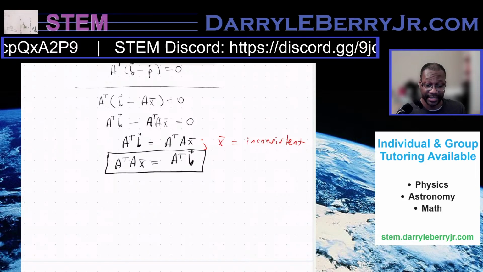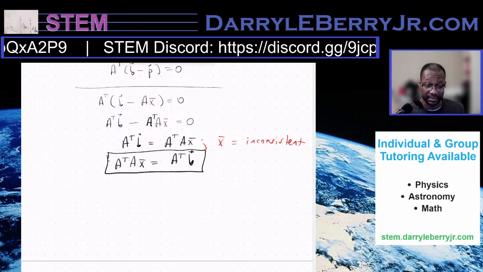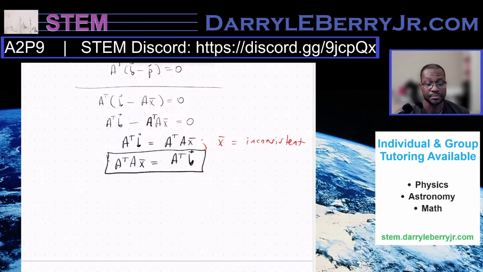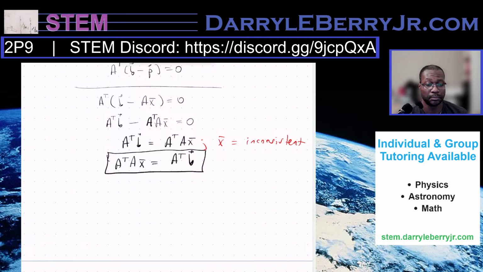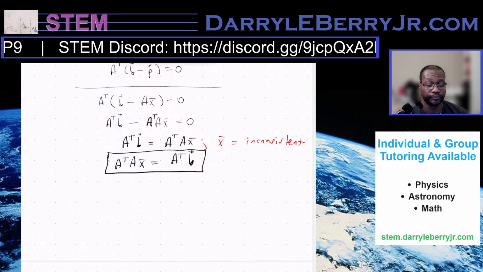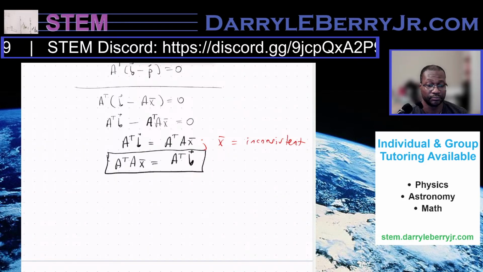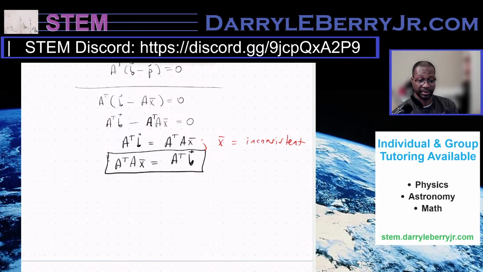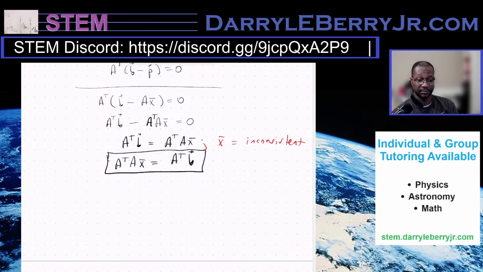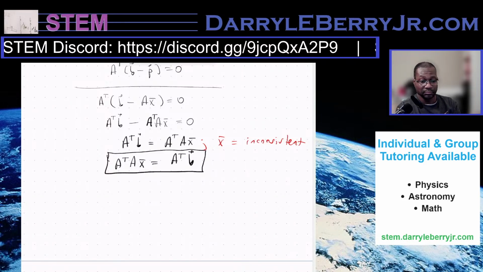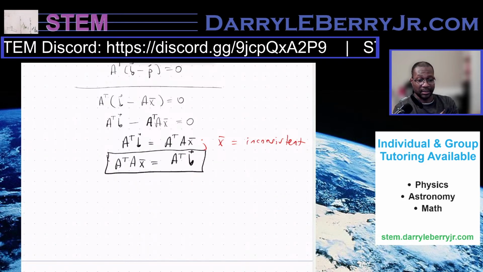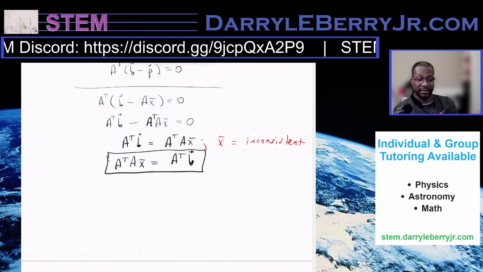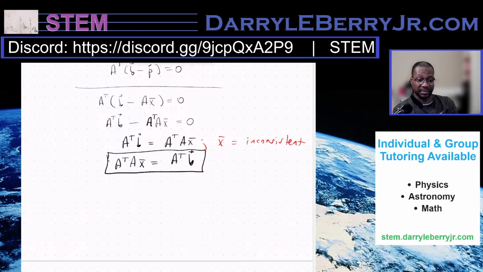We already know this equation has at least a solution because P exists. Okay. That makes sense. Because we combine those two together, and if we plug P in, A transpose A x is going to equal A transpose P because P is one of the solutions.